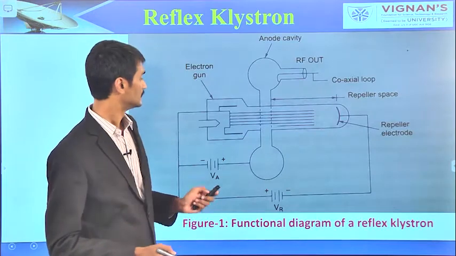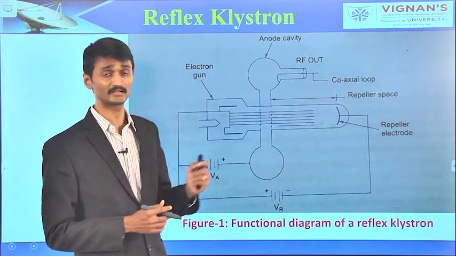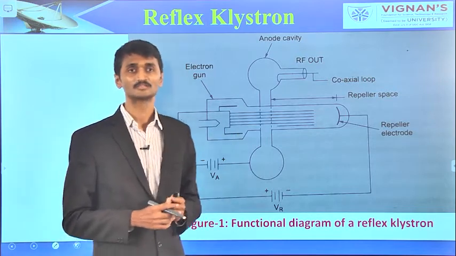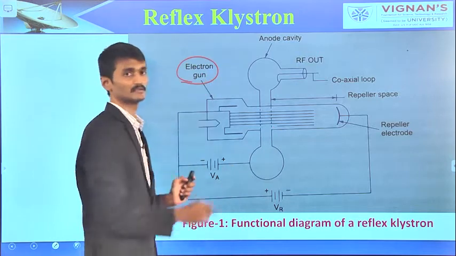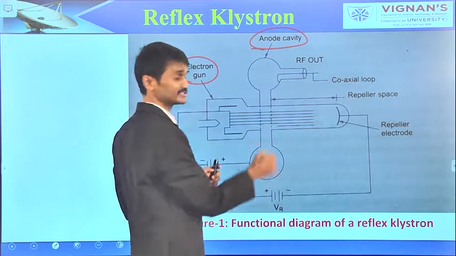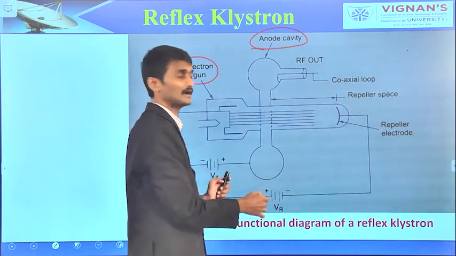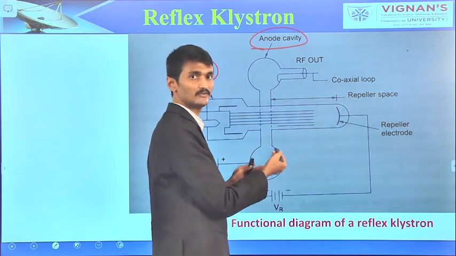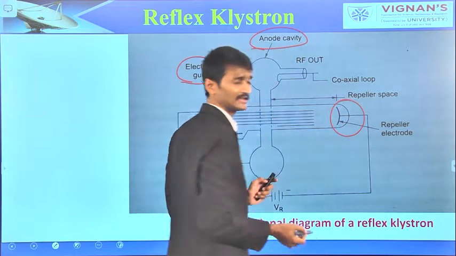Here is the functional diagram of the reflex klystron oscillator. It consists mainly of the electron gun, the anode cavity, which is a single cavity and also a resonator cavity, and the repeller electrode.